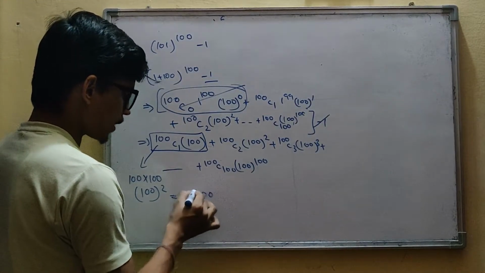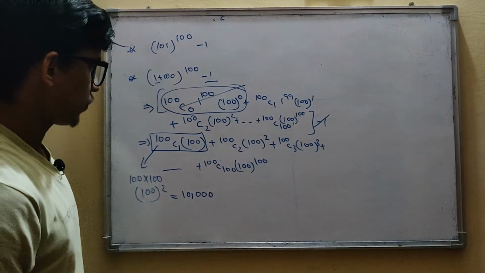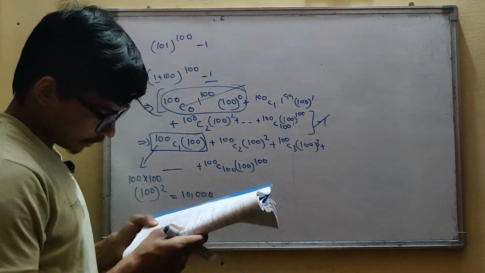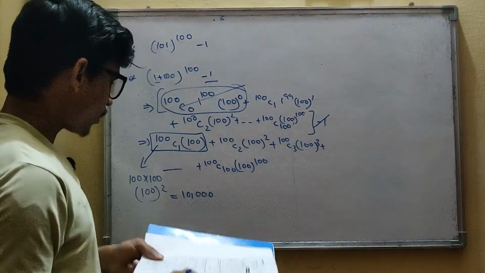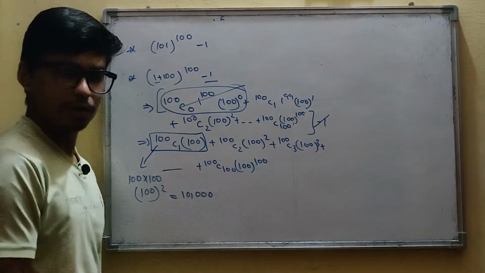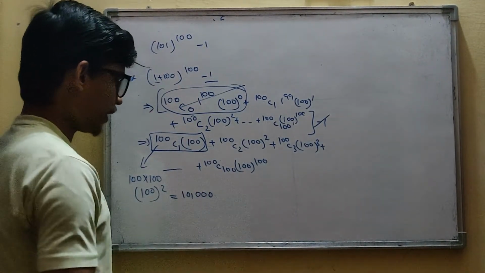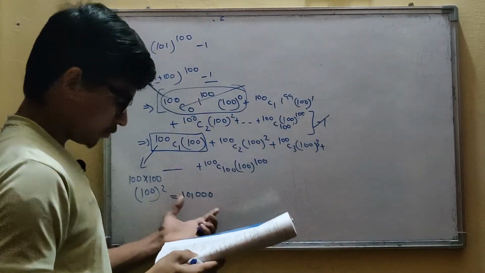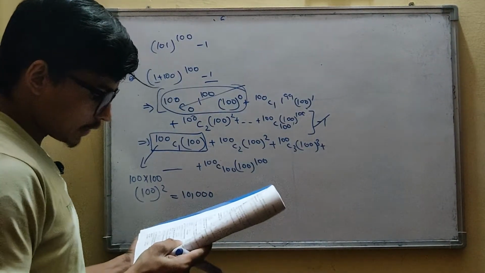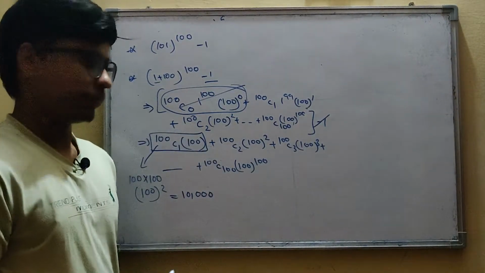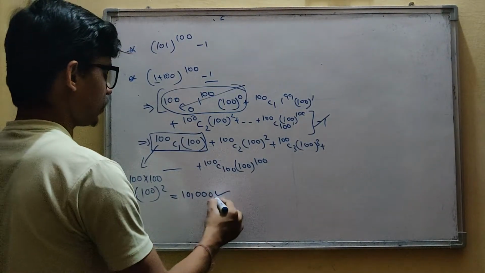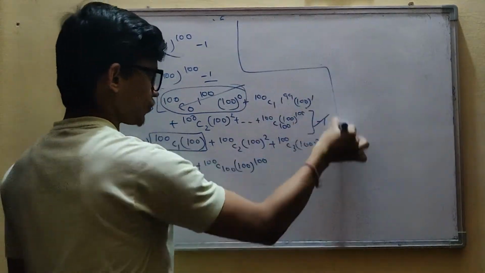So 10,000 is the maximum integer that can divide it. You cannot take any greater value common from this expression, so that is why the answer should be 10,000.